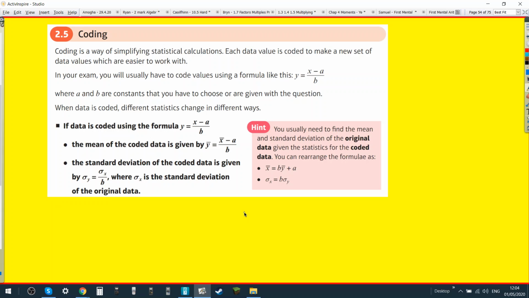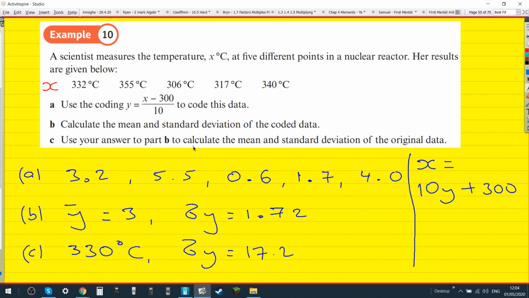And then coding, yes, they put it through some code to make all the data smaller. So you can imagine if there was loads of numbers, instead of having them in the hundreds or thousands, they just have little small easy numbers. They find the mean and standard deviation of all the easy numbers, and then they just uncode it. So times by 10 plus 300.